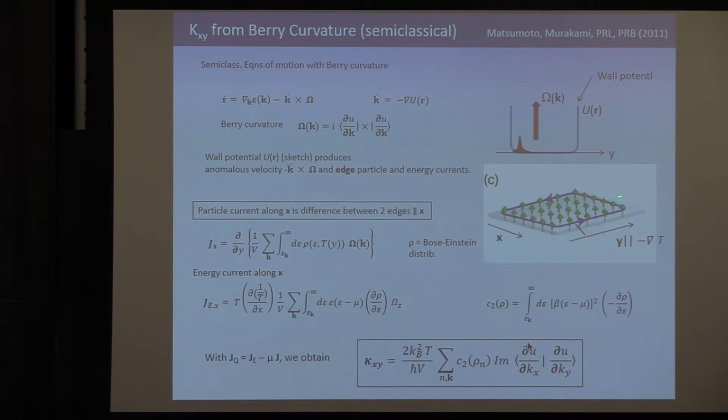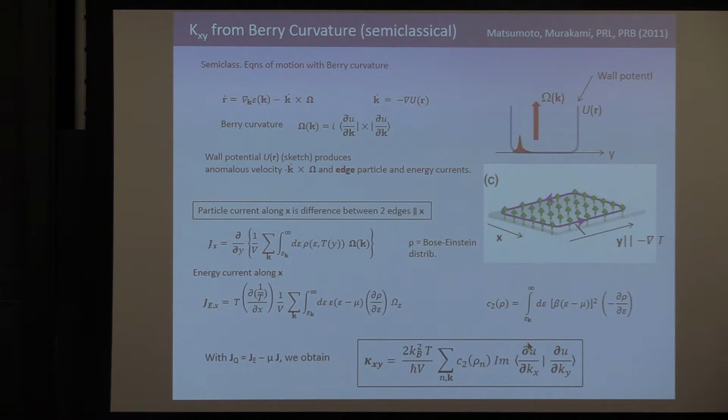So you add these two together to get the Hall current, and then you Taylor expand as usual, because it's a very weak gradient. And you see that the correction, the net difference, is the derivative of the current in each arm, each segment. So the current then is simply the integral of the Bose distribution over the Berry curvature.